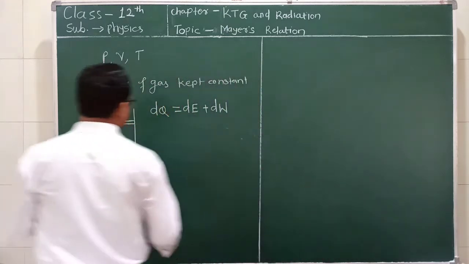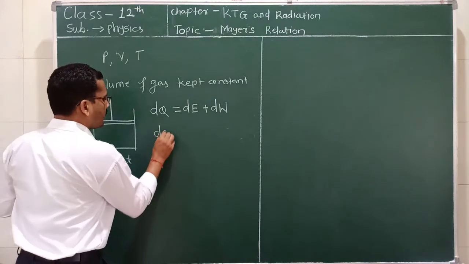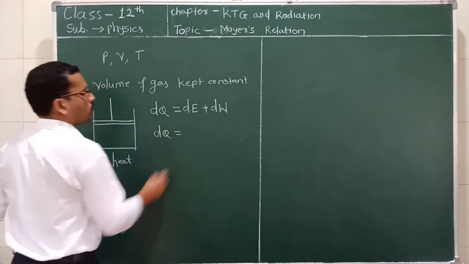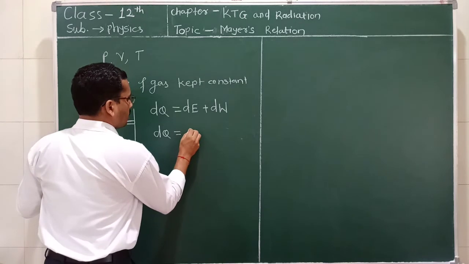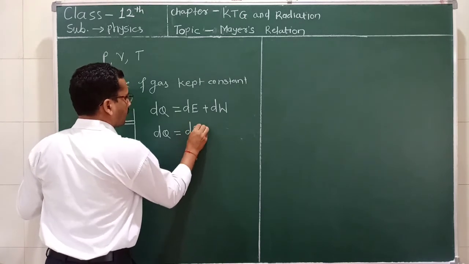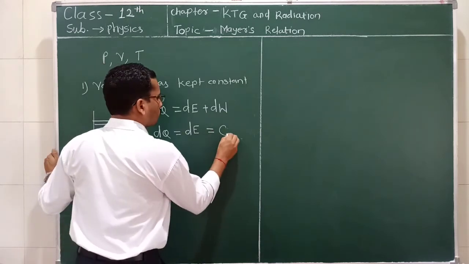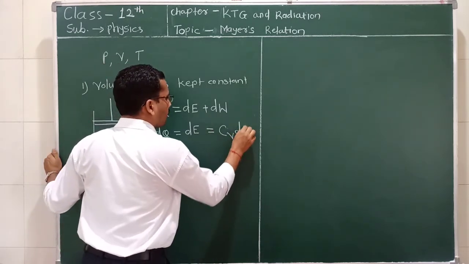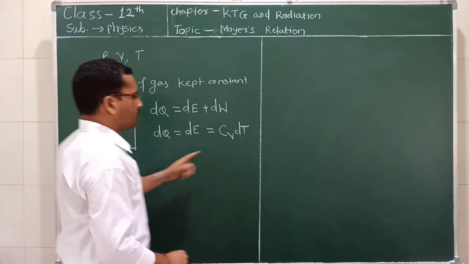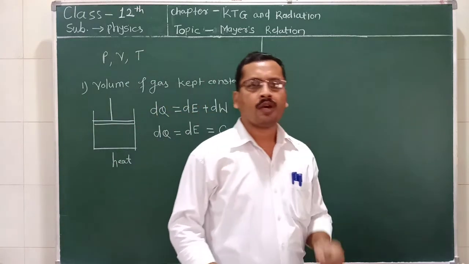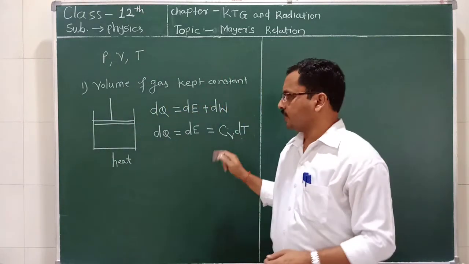So we can write dQ is equal to dE. And what is dE? It is equal to Cv multiplied by dT. What is Cv? Cv is the molar specific heat at constant volume.